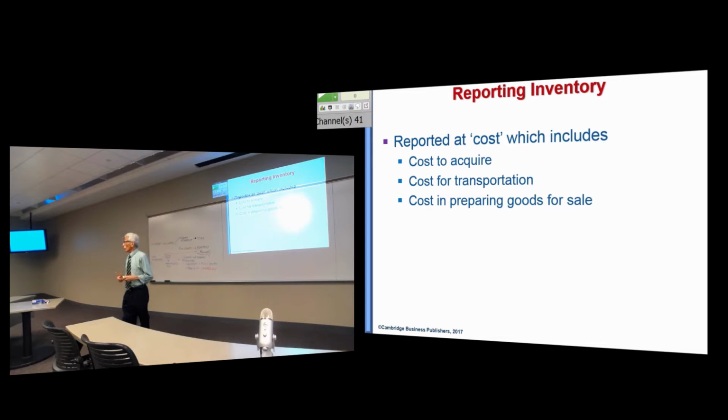Does that go into the cost of inventory? If it doesn't go into the cost of inventory, what do you do with it? Cash outflow. Credit cash. What's the debit? If you don't debit inventory, what are you going to debit? What's your only other choice?